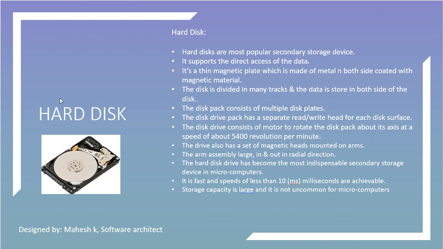The disk pack consists of multiple disk plates. In the floppy we have only one disk, but in a hard drive we have multiple plates.